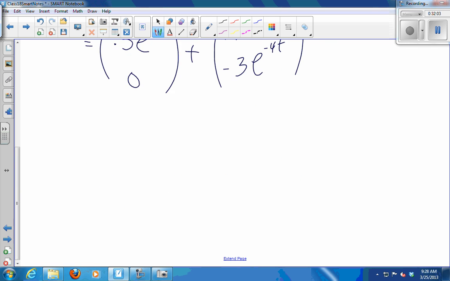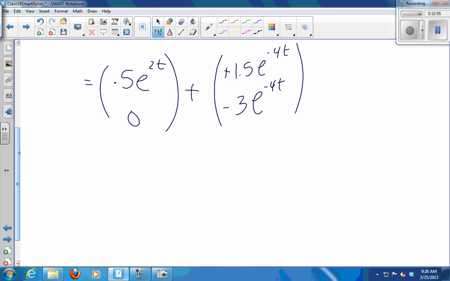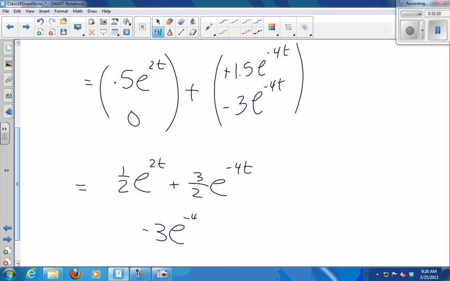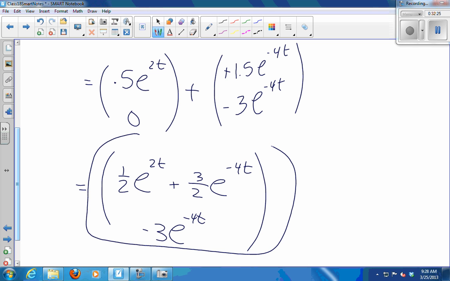And then you just add them component-wise. Add the tops, add the bottoms. So this becomes 1/2 e to the 2t plus 3/2 e to the negative 4t and negative 3 e to the negative 4t. So there's my x of t, y of t, my two functions that satisfy my system and the given initial condition.